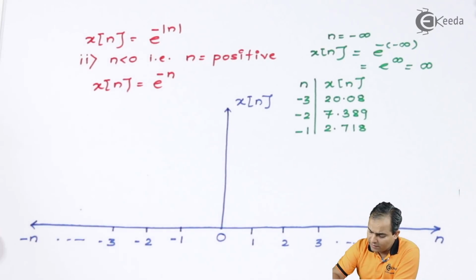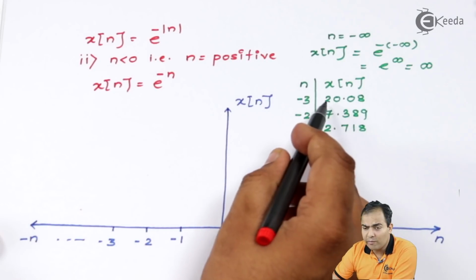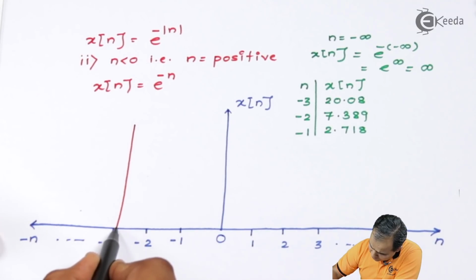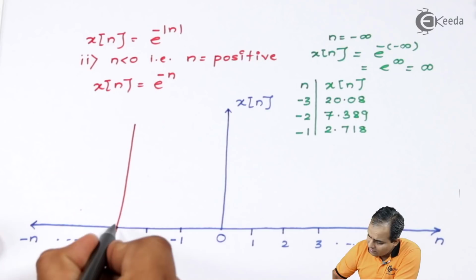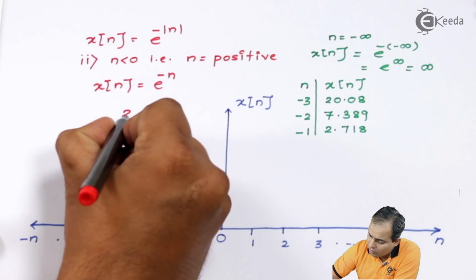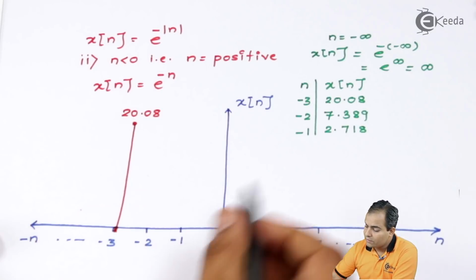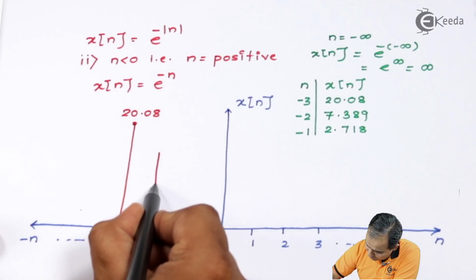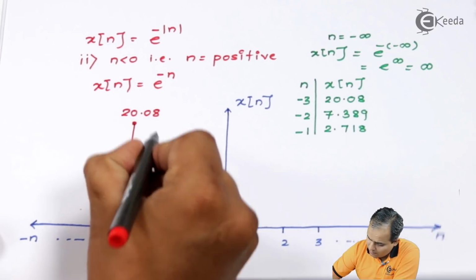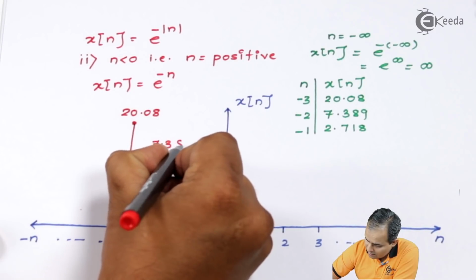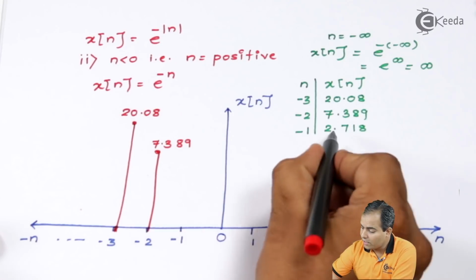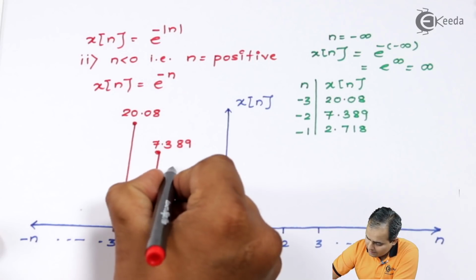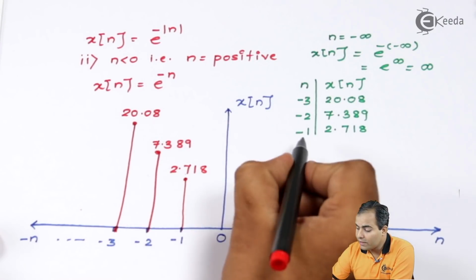So at minus 3, the amplitude is 20.08. I'll draw it over here. Let's say this is the amplitude for minus 3, and the amplitude is 20.08. Similarly, we'll do the same thing for minus 2, and that amplitude is 7.389. So let's say this one is the amplitude 7.389, and at minus 1 the amplitude is 2.718.